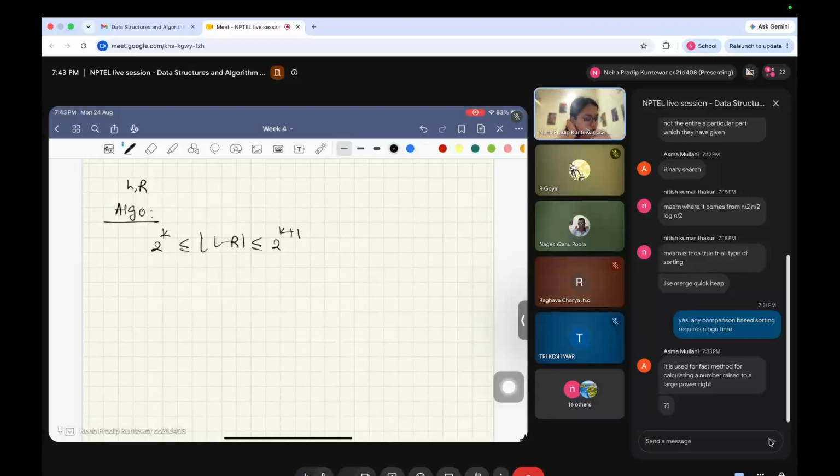Okay, so now what you do is you look at this value, L to L plus 2 to the k minus 1, and look at this value, which is R comma R minus 2 to the k plus 1, right?